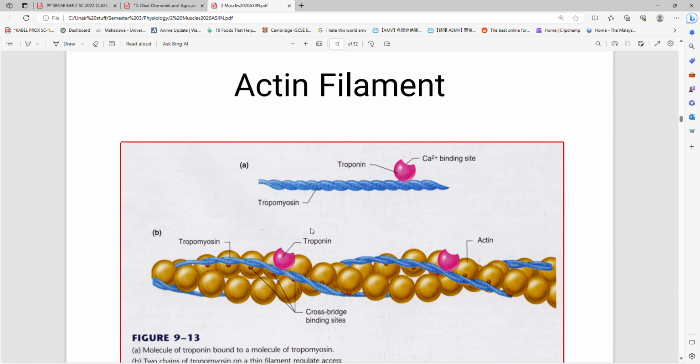The calcium will bind to the troponin, and the troponin will turn the tropomyosin around, exposing the myosin binding site. Normally the myosin binding site is hidden under the tropomyosin.